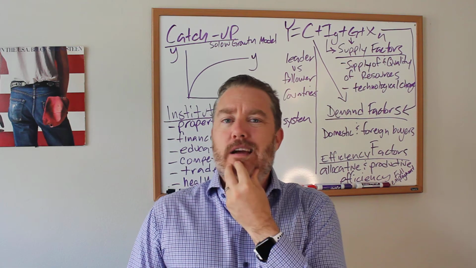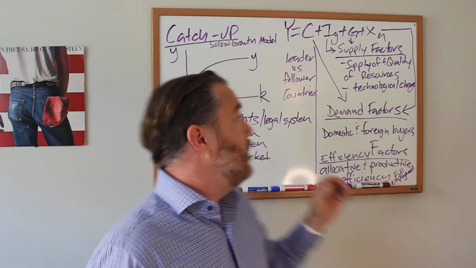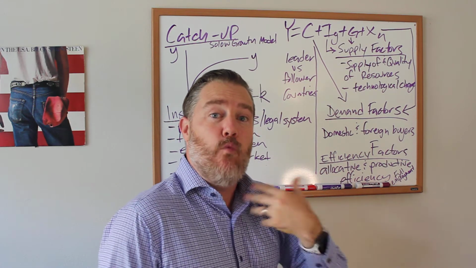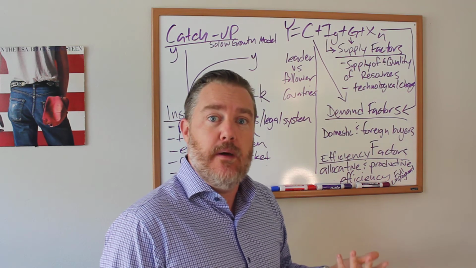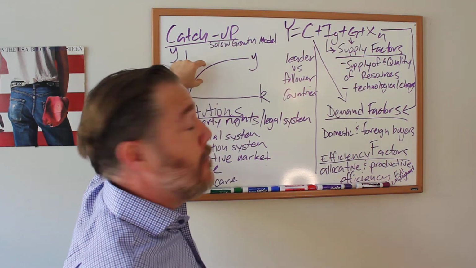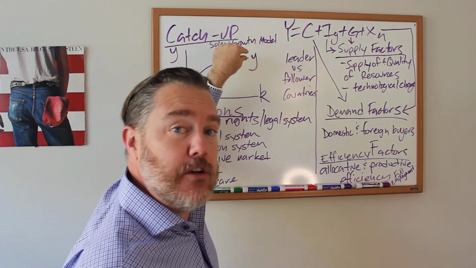What's the difference there? China has 4 times as many people as us. Even if they had the exact same amount of capital as us, they'd have 1/4 the capital per capita because they have 4 times as many people. So they'd be over here. As they add a little bit more capital, they see a big change in income per capita, where we see a small change in income per capita.